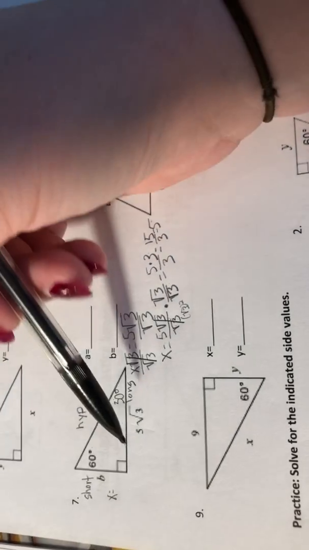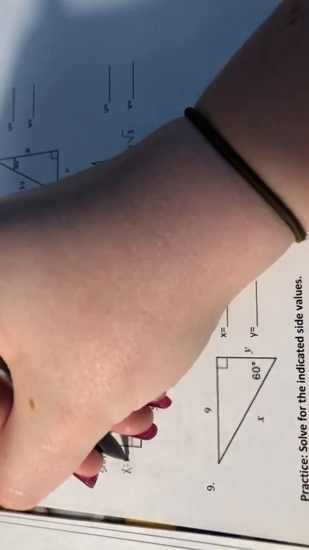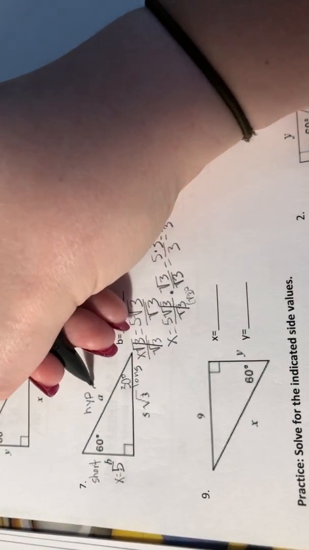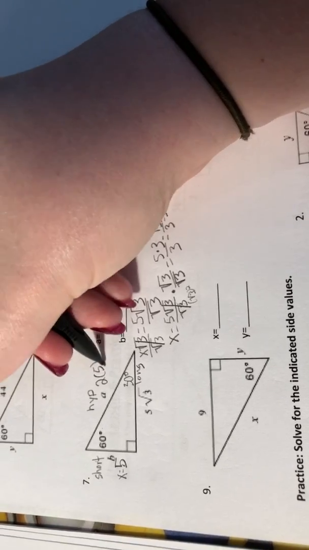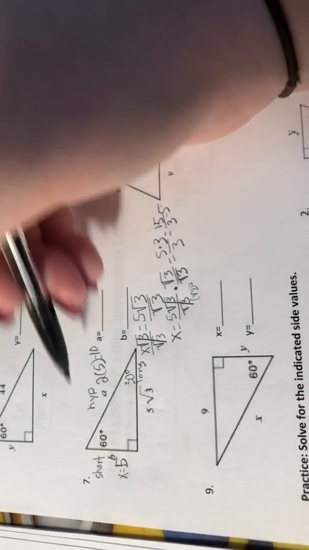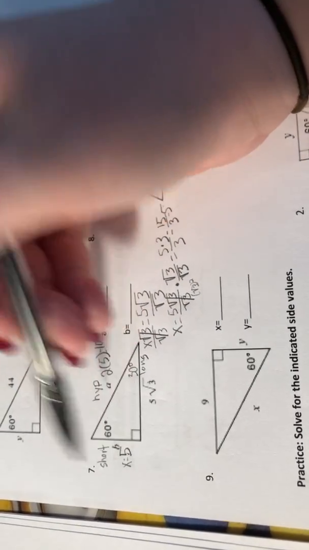So our long side is 5 times the square root of 3. Our short side, now we know, is 5. And our hypotenuse is 2 times our short side, which is 10. So our A in this problem is our hypotenuse, which is 10. And our B is our x, or our short side, which is 5.